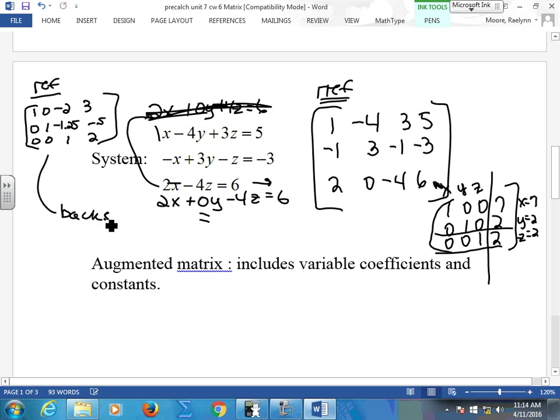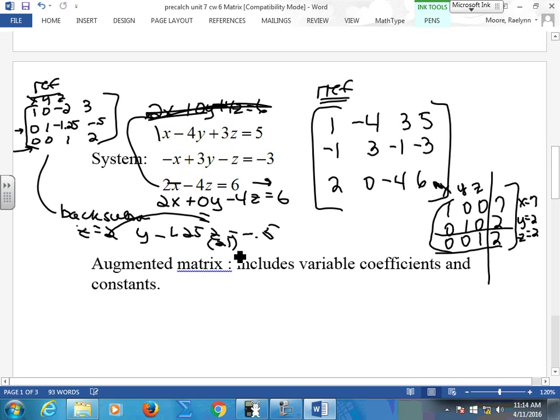Just watch up here for a second. You're going to start at the bottom. So what is Z equals? 2. Now, you're going to substitute Z back into this equation. This equation has no X, right? There's a Y minus 1.25 Z equals negative 0.5. You're going to substitute your 2 back into this.